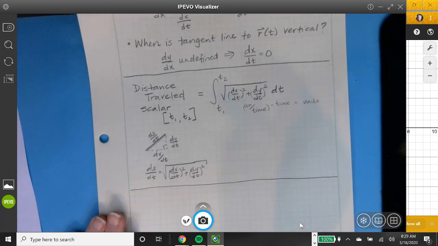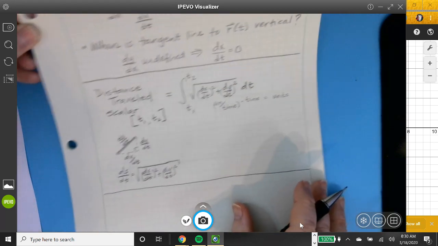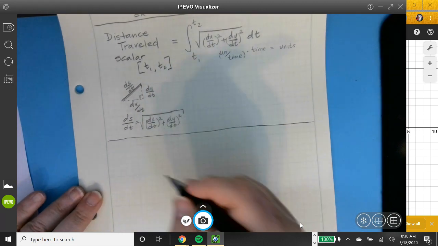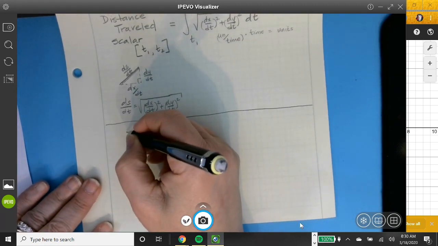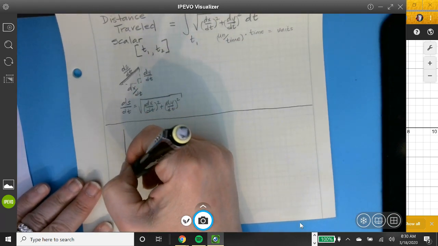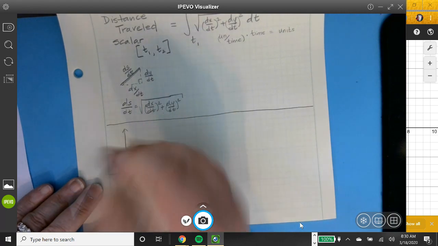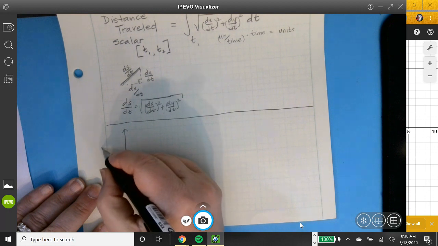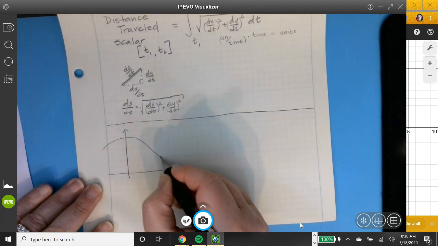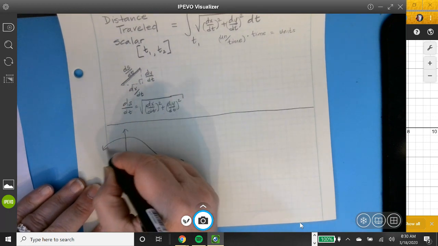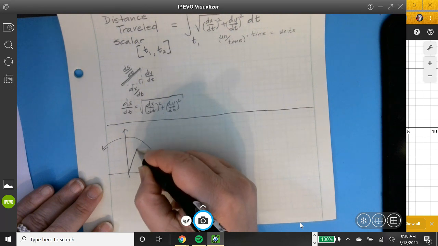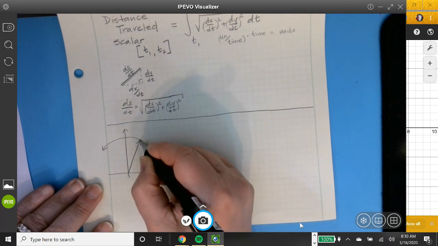So then what's the difference between that and the displacement vector? Well, I'm going to harken back to my graph here of my vector-valued curve. I'm going to have my position pointing to here.